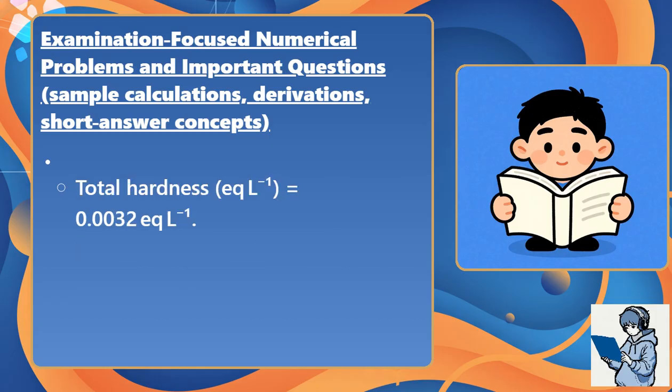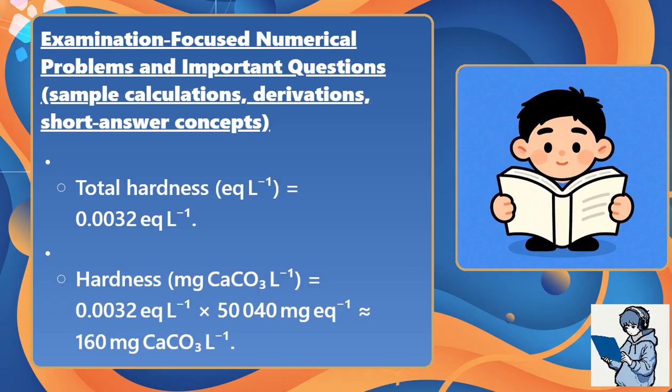Total hardness equals 0.0032 equivalents per liter. Hardness equals 0.0032 equivalents per liter times 50,040 milligrams per equivalent, approximately 160 milligrams per liter calcium carbonate.